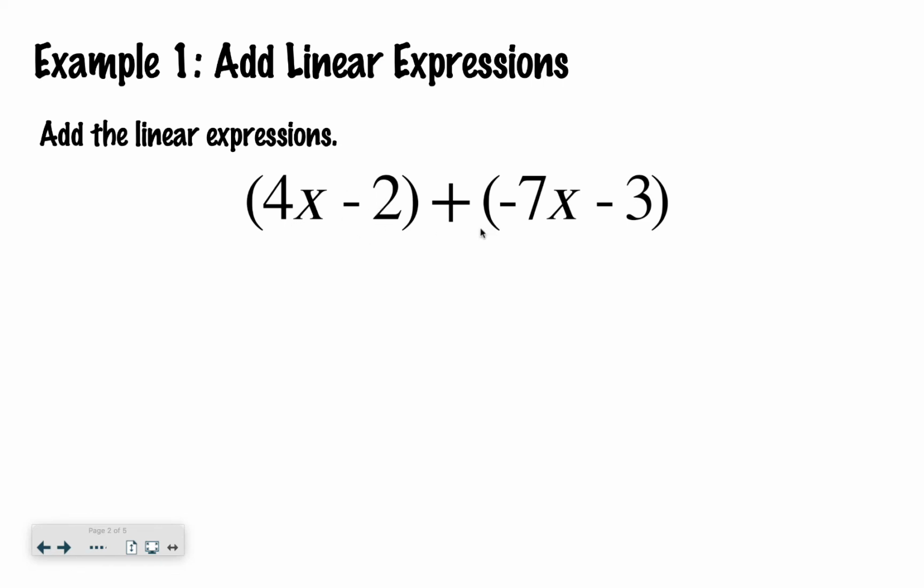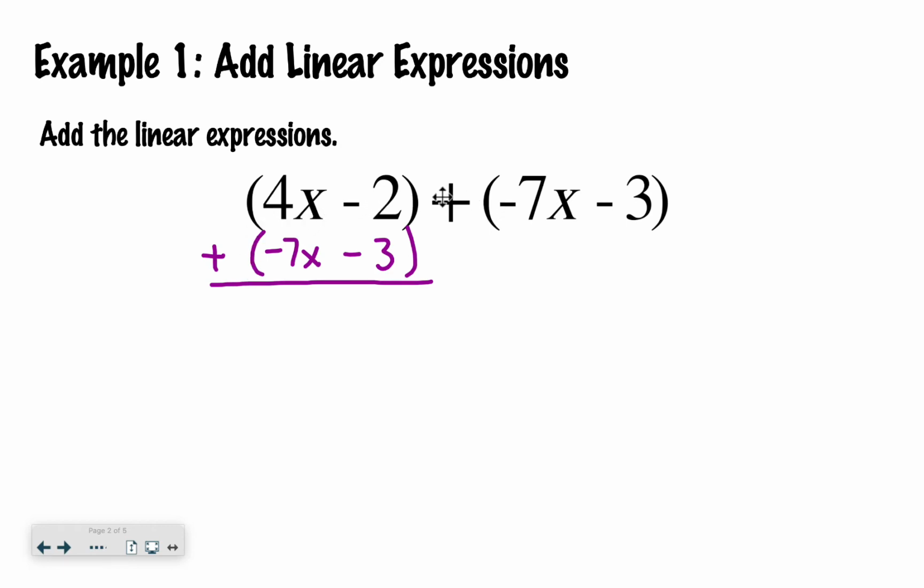All right. We could add them horizontally like this, but I think that you guys tend to do a little bit better if we stack them. So instead of having them written out horizontally, I'm just going to rewrite the problem so it looks like this. And I would encourage you guys to do the same, okay?